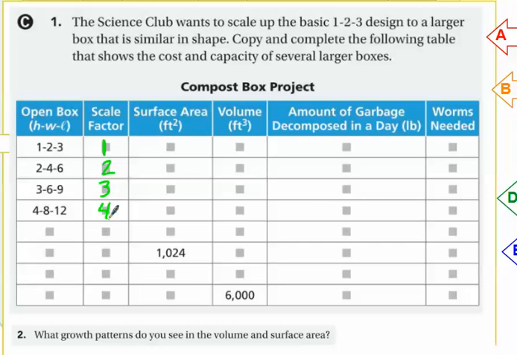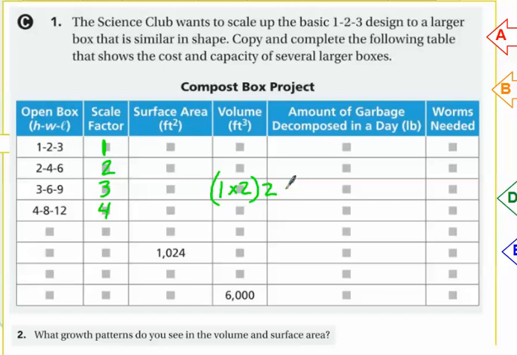To find my surface area, I am going to add up all of the sides. Because this compost box does not have a lid, I need to modify my equation a little bit. For my surface area, the front of the box would be a 1 by 2. I have 2 of those.